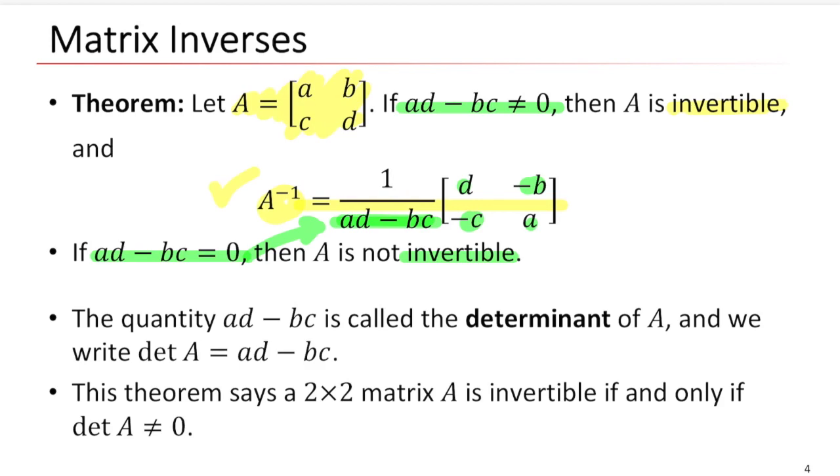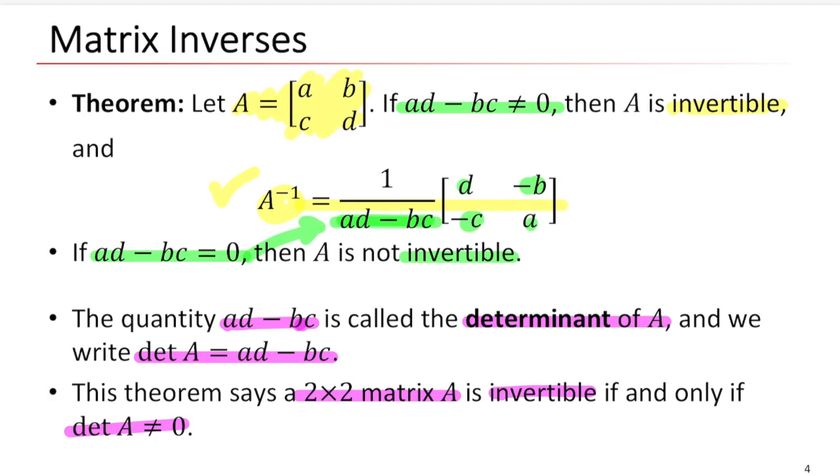As I discussed, AD minus BC is called the determinant of A, so we can write it as det A. This theorem says a 2 by 2 matrix A is invertible if the determinant of A is not equal to 0.